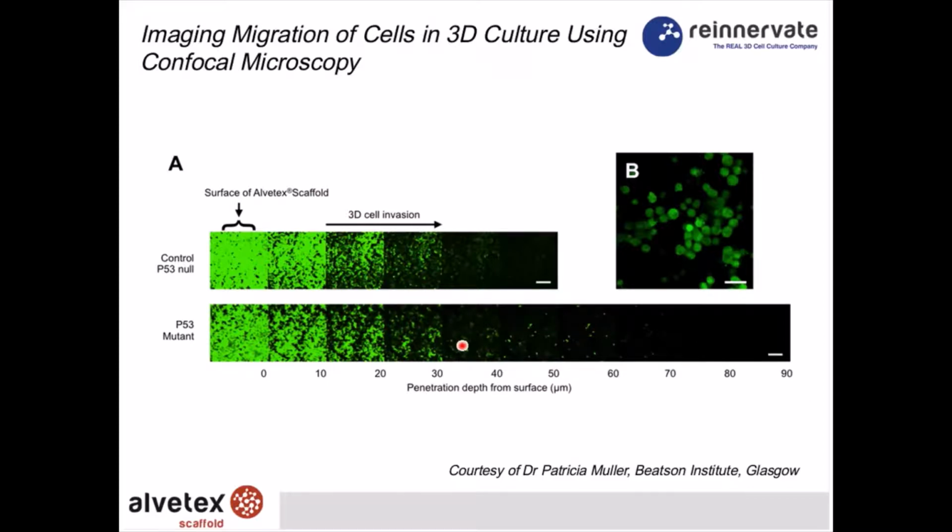This is a cell line carrying a P53 mutation, and these are optical sections through the material up to 90 microns into the material, and you can see clearly how those cells carrying the mutation migrate more deeply into the Alvetex compared to the control situation.